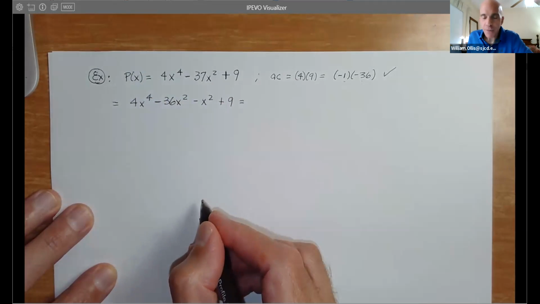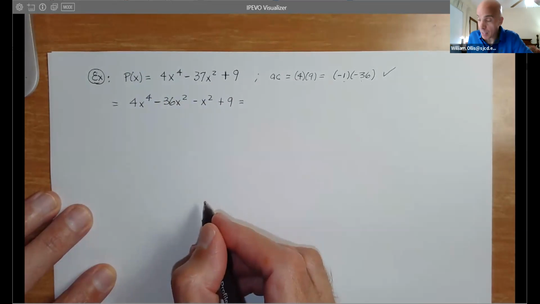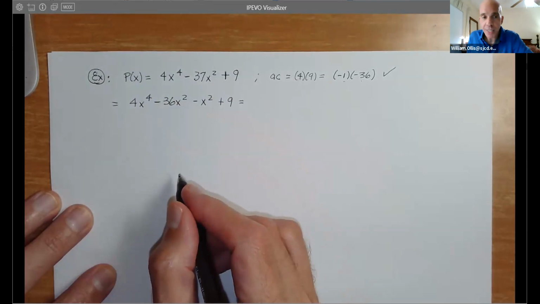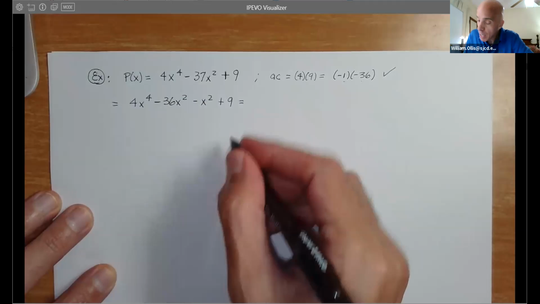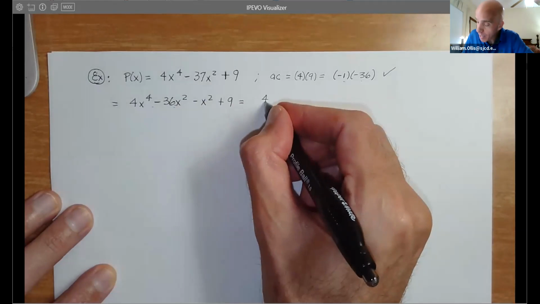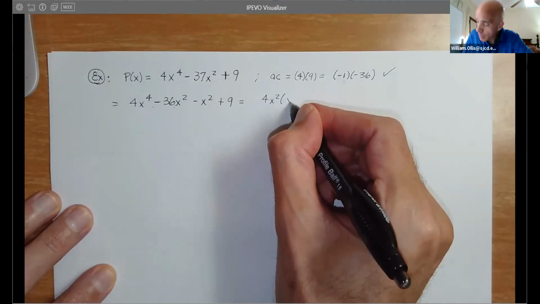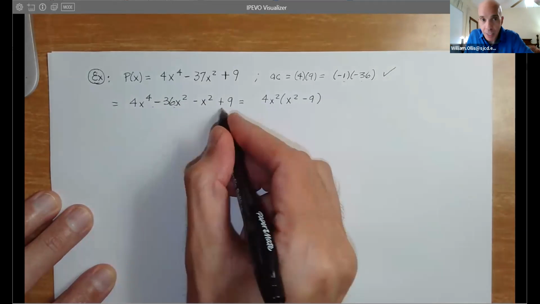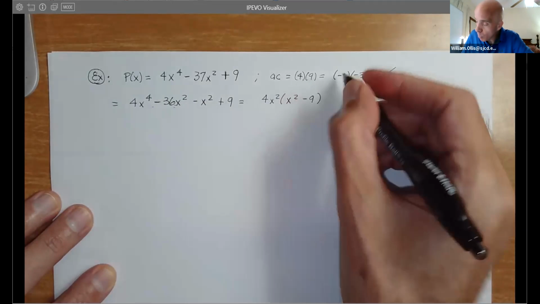So we wish all of them were this easy. Well, it's not really easy. We still have to think about what we're doing, but we're using techniques we're already familiar with. So now we can factor the 4x squared from each of these terms. So 4x squared, that will leave us an x squared minus 9. And then, of course, we can do the same here. We can factor the negative 1.